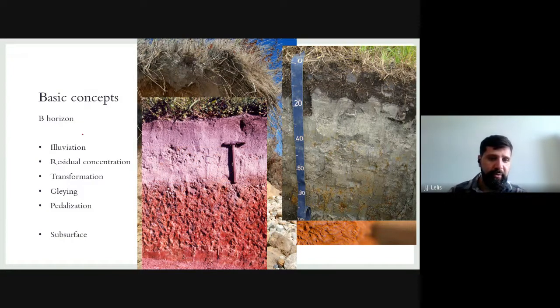And we can create a B horizon only by transformation of primary minerals like feldspars and pyroxene into secondary minerals like kaolinite, goethite, and hematite. This also forms a B horizon. And pedalization. Pedalization is the process of formation of peds, or formation of aggregates. So if I have peds, if I have aggregates, I could have a B horizon.